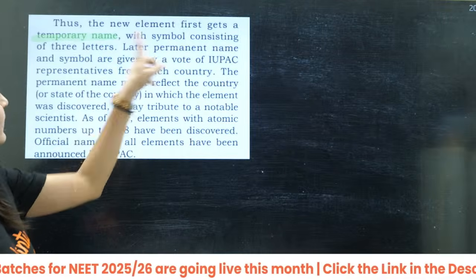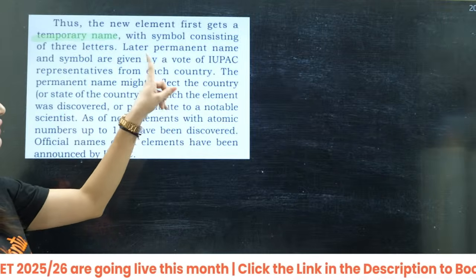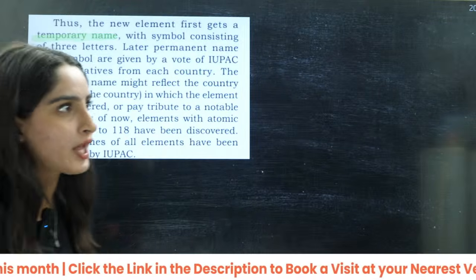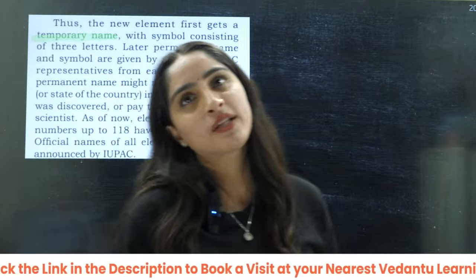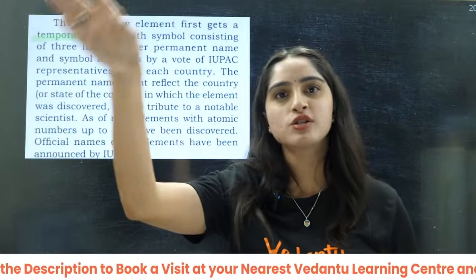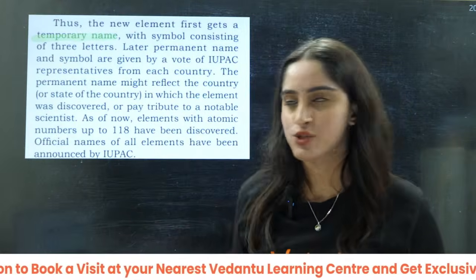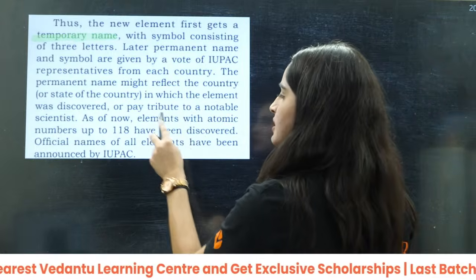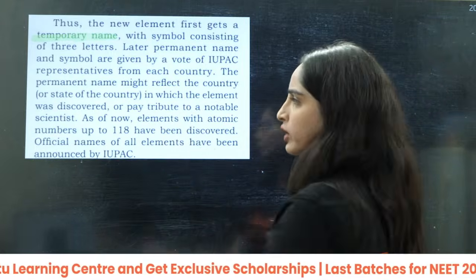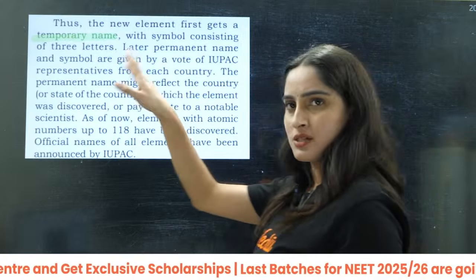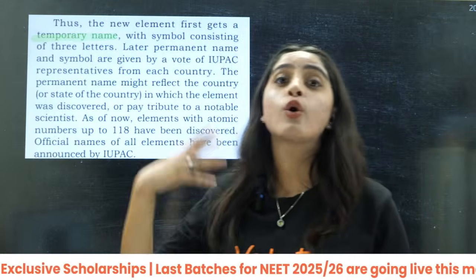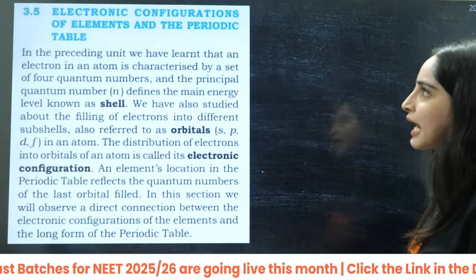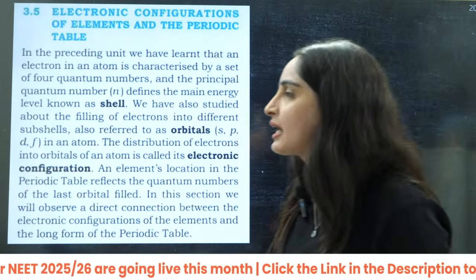Later, permanent names and symbols were given by a vote of IUPAC representatives. There was a fight going on, then they said this person actually discovered this, so the name should be based on this scientist only, or the country, or the state in which the element was discovered, or pay tribute to a notable scientist, right? So that was the story behind that, why they needed to make all of these things.